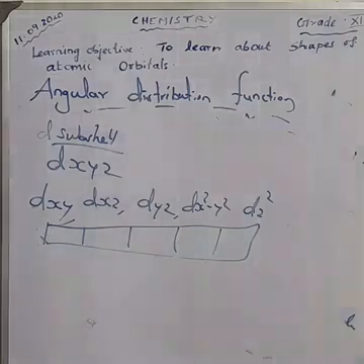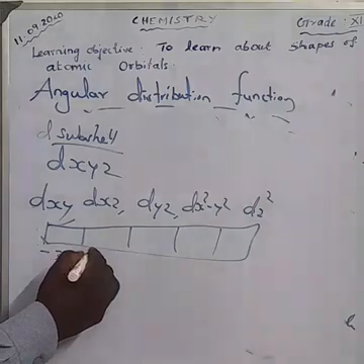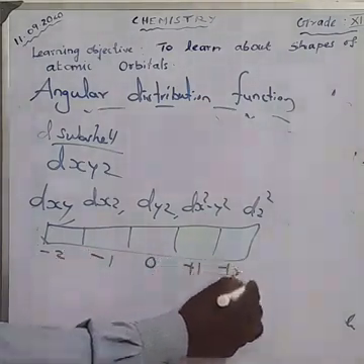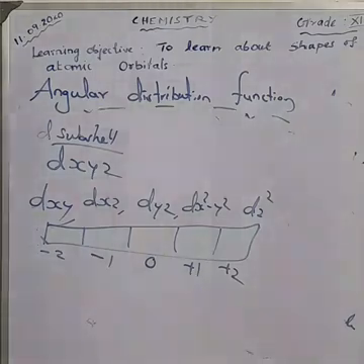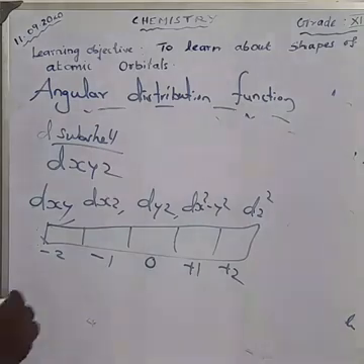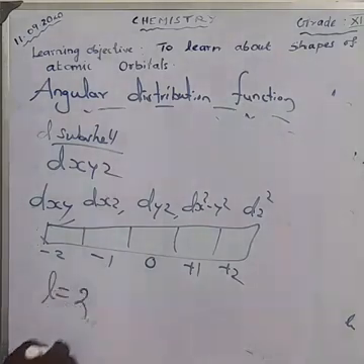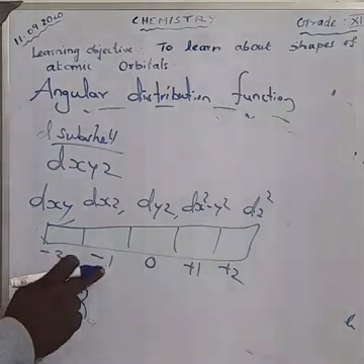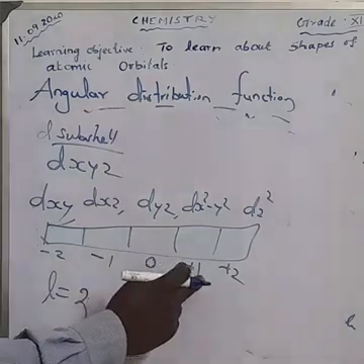Clear? Can you give the values? Start with -2, -1, 0, +1, +2. These are the values given for d. Here the value of l is equal to 2. And the m values are -2, -1, 0, +1, +2.